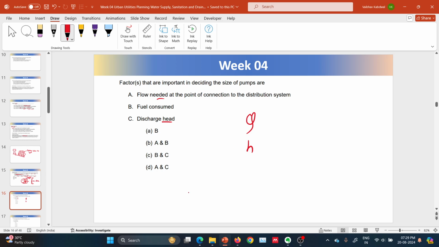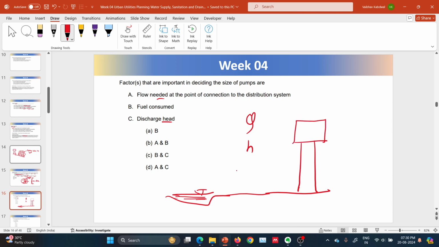Let's take the example. Suppose this is the river. Let's say this is the pond. And we need to supply water to a tank. So if we use a pump here, we need to provide supply at the top, not at the bottom.